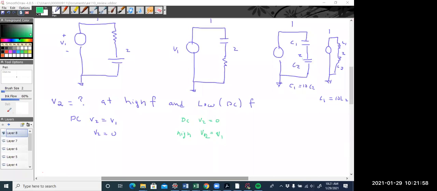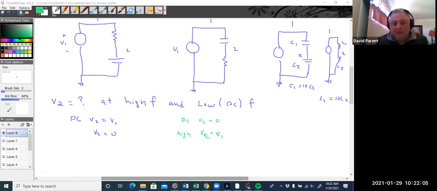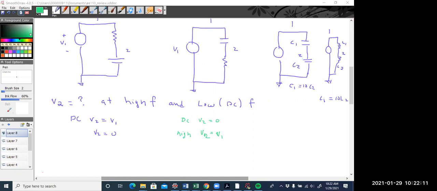Professor, can you please repeat the concept of figure number 3? I missed something there. Okay, but you can hear me? Yeah. I'm sorry, can you repeat your question? Yeah, I want you to go over for me figure number 3, the one with the two capacitors.